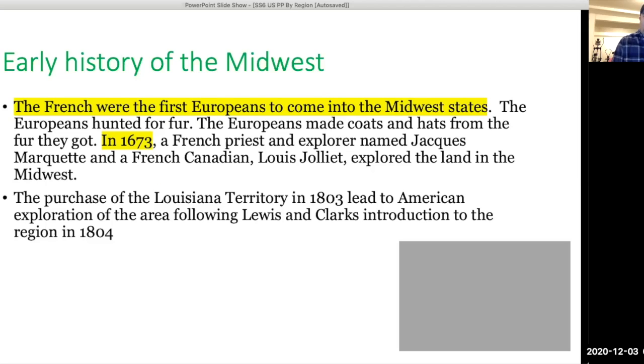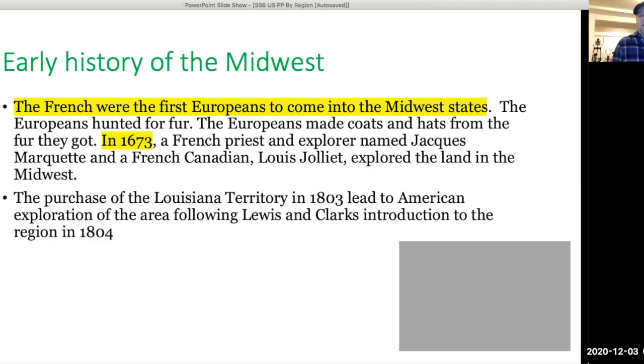But we also know that they were not really aware of how much land there actually was, and what kind of resources it had. They were still in the early stages of exploring that region, and it really hadn't been developed. You didn't have major towns or cities in those areas.